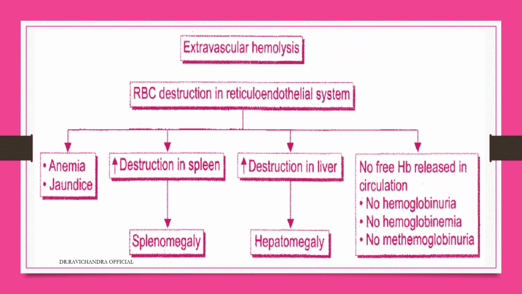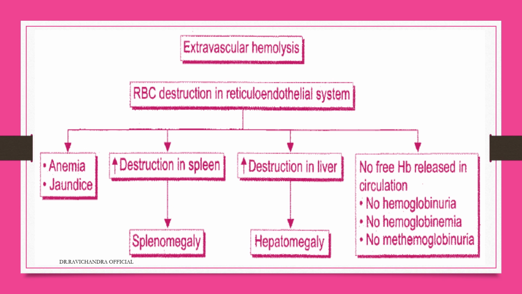In extravascular hemolysis, RBC destruction happens in the mononuclear phagocyte system, that is, the reticuloendothelial system. As a result, there will be symptoms of anemia and jaundice, and because of the increased destruction in the spleen, there will be enlargement of the spleen called splenomegaly, and increased destruction in the liver resulting in hepatomegaly.